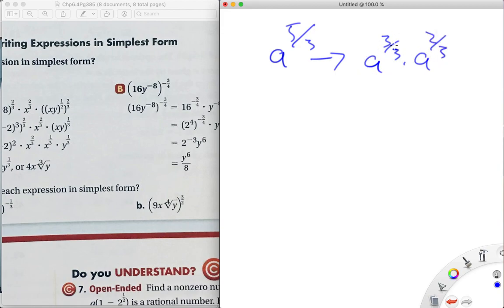So you can always pull out a whole number, which is a to the 1 times a to the 2/3, which is a times the cube root of a squared.